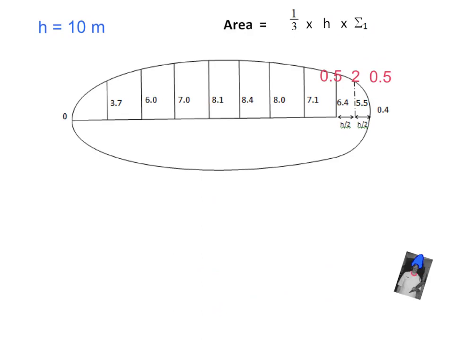Okay, so we've got our multipliers for the appendage. We're going to be using Simpson's first rule, and these will be our multipliers for the appendage. And we now need the multipliers for the remainder of the vessel.